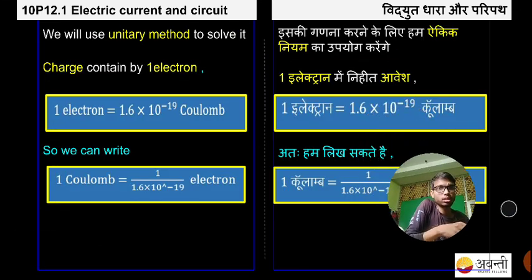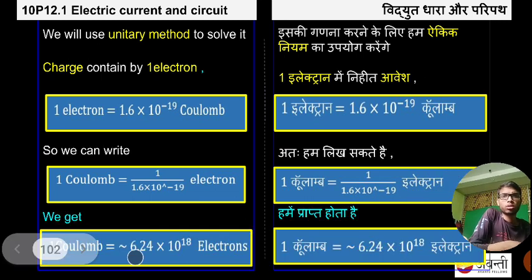So here we will get how much? This many electrons. It is equal to this. 1 coulomb is approximately equal to this many electrons. We are getting this many electrons.